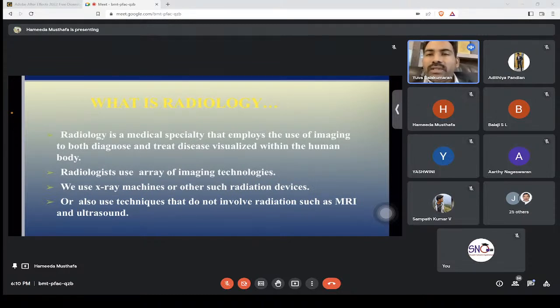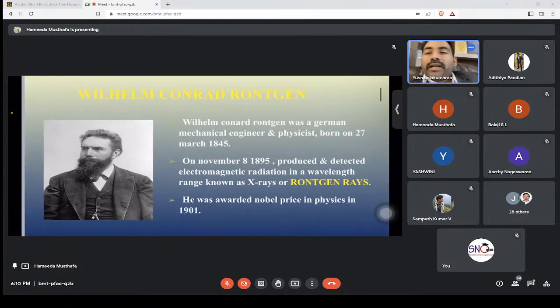We use X-ray machines or such other radiation devices like mammo, fluoro, etc. And also we use techniques that do not involve radiation that is harmful to our body. This is MRI and ultrasound, which don't have harmful radiation. Okay, next slide. We will see what the imaging modalities are in detail later.